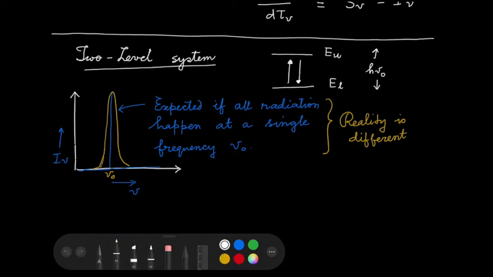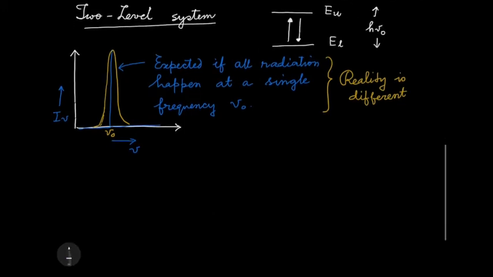And why is there a shape to the line? It's not at a single frequency. What line shape functions one expects and sees is what we'll first discuss. So we are discussing the shape of the line.